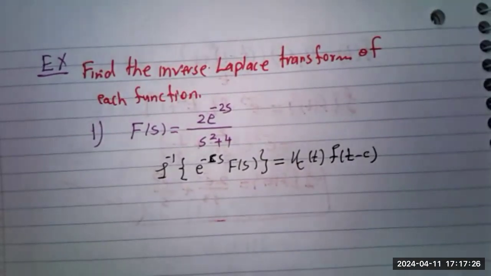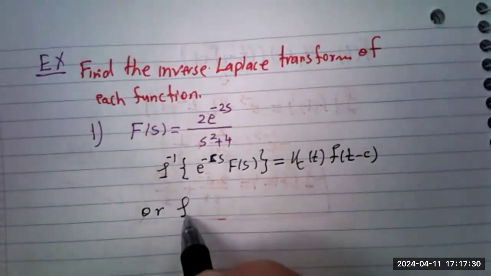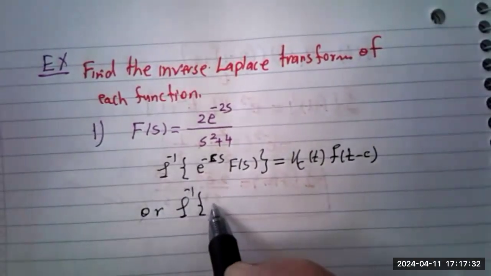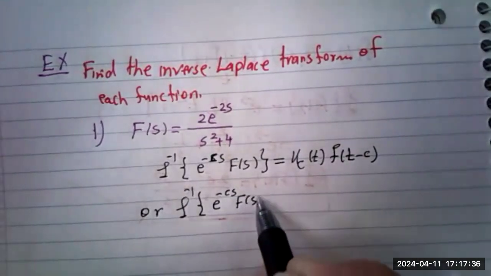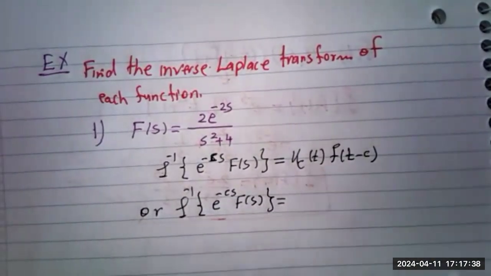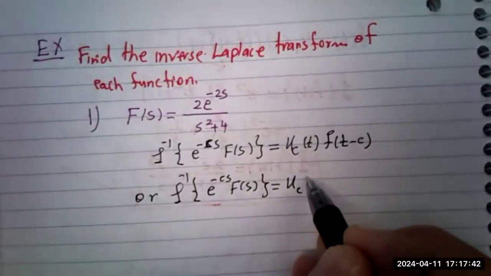Or sometimes they write it in this form. If you want to find the Laplace inverse of e to the negative cs F of s, what we do is we are going to have a factor of u_c of t over here.